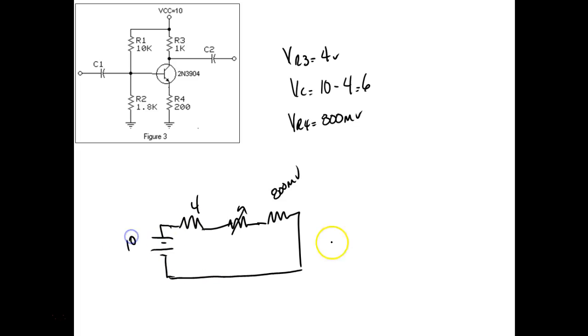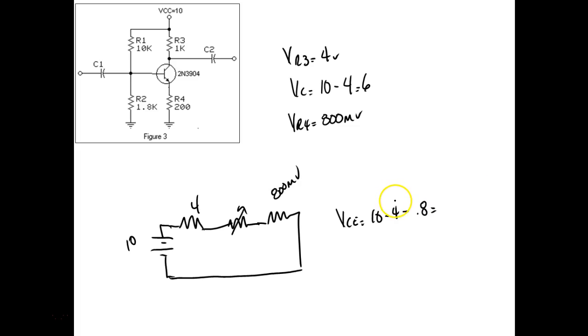This is 10 volts. So I wrote down 4, but for some reason I changed my mind, or y'all told me something. I don't remember what happened. So VCE would be equal to 10 minus 4 minus 0.8, or 800 millivolts. Y'all understand?